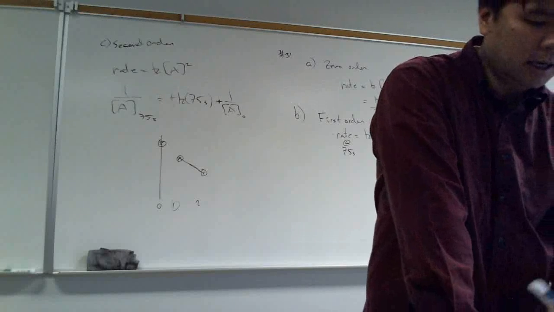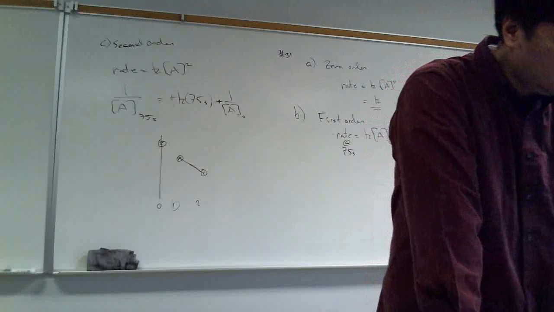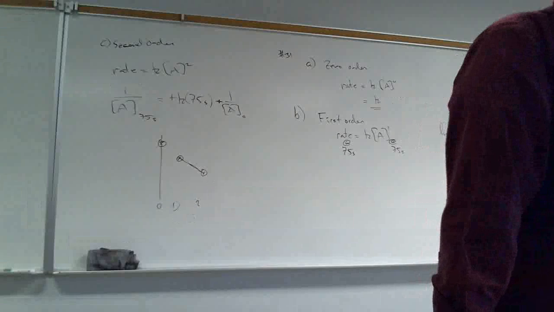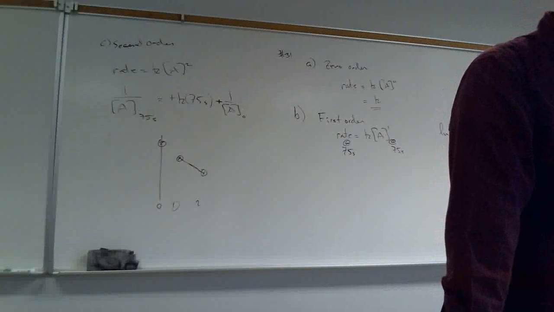Okay, number 69. The reaction 2NO plus Cl2 yields 2NOCl has a rate law.